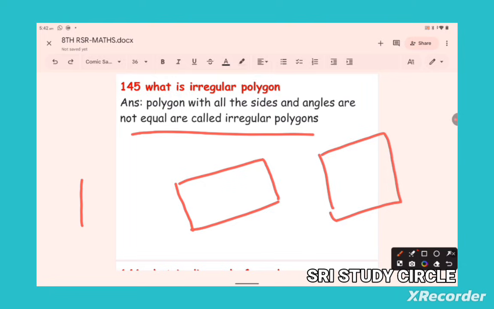Rhombus is not a regular polygon because angles are different here. Here these two are irregular polygons, this one is a regular polygon. Irregular means all sides are different or all angles are different.